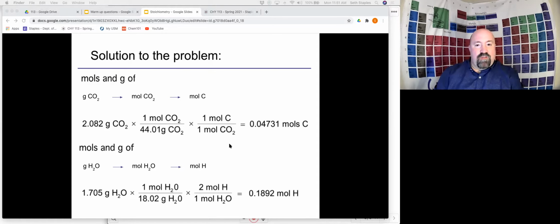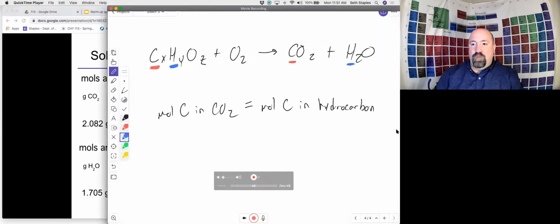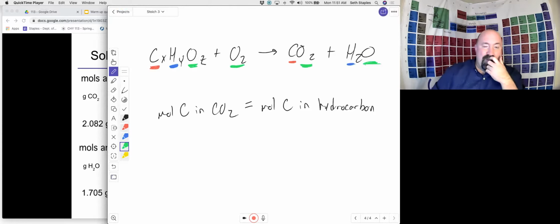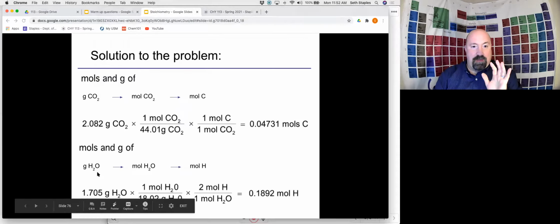The moles of oxygen isn't quite so straightforward, though, because we do run into a problem. First, oxygen is present in both the CO2 and the H2O. Oxygen could have also come from either the hydrocarbon or the oxygen that we used for combustion. And so we have to go about finding the oxygen in a little bit different way.